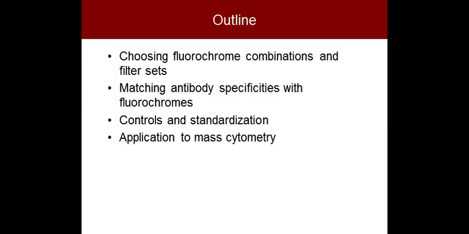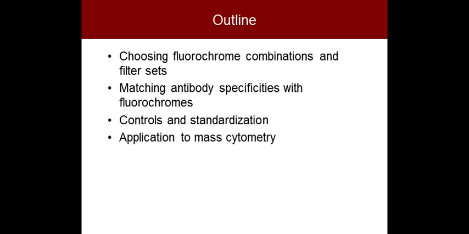So the sequence of things we're going to talk about begin with your instrument. Point number 1 is really about knowing your instrument and what it can do. Then we're going to get into the reagent side in terms of picking antibodies and picking fluorochromes to go with them. From there, I want to talk a little bit about controls and standardization, which I consider a part of your panel design because controls are potentially adding extra tubes to your panel.